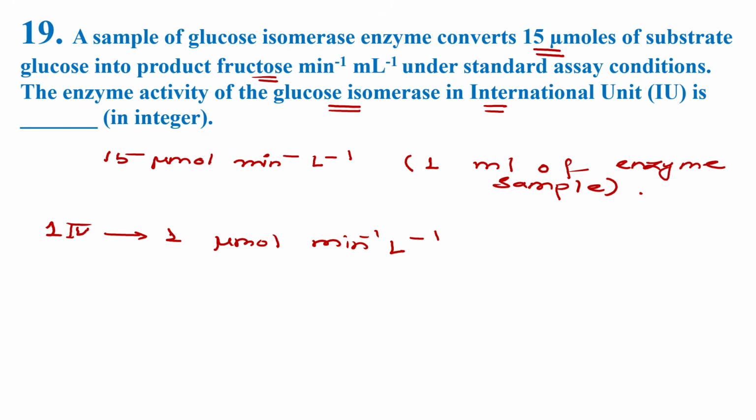So we can say hence that activity for 15 micromole per minute per liter will be 15 IU per ml. If it is 1, then for 15 it will be 15. So enzyme activity will be 15 IU.